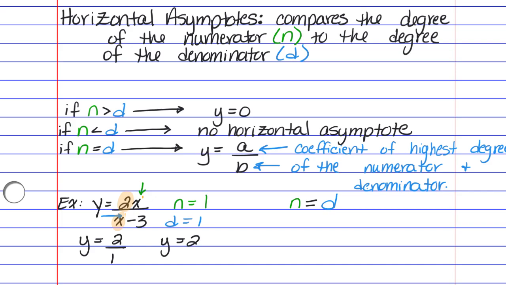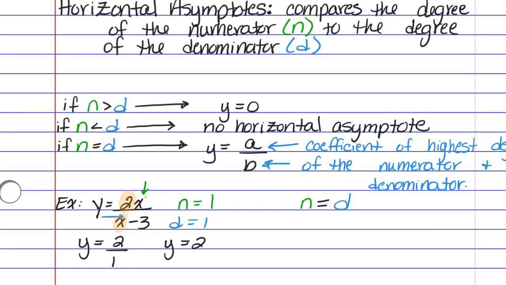So for example, if the degree in your numerator is larger than the degree in your denominator, let's say you have an x cubed in your numerator and an x squared in your denominator, 3 is greater than 2, you will automatically have a horizontal asymptote at the line y equals 0, so right at the x-axis.